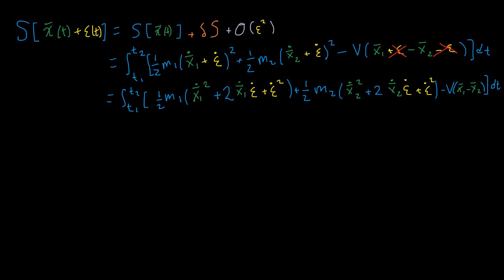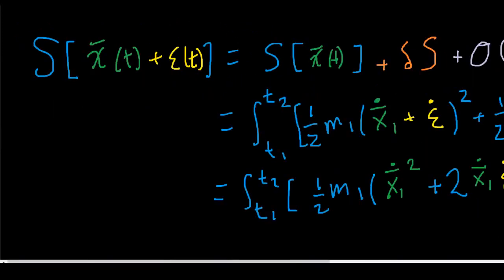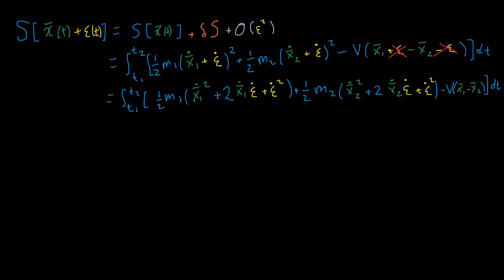Now, these epsilon dot squared terms are order epsilon squared terms, so we don't have to keep them to the next line.